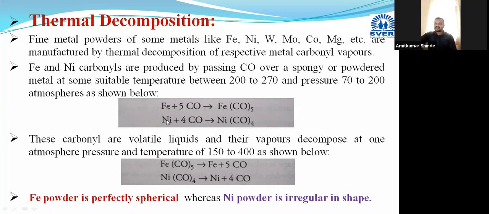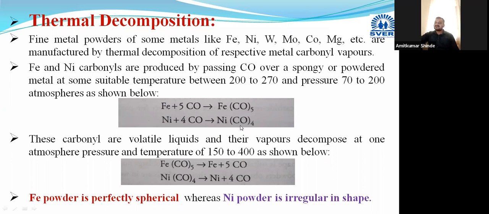Okay, this nickel metal powder will be there, then carbon monoxide gas is passed, and it will get converted into nickel carbonyl. This is nickel carbonyl, Ni(CO)4. And this nickel carbonyl is a highly volatile liquid.